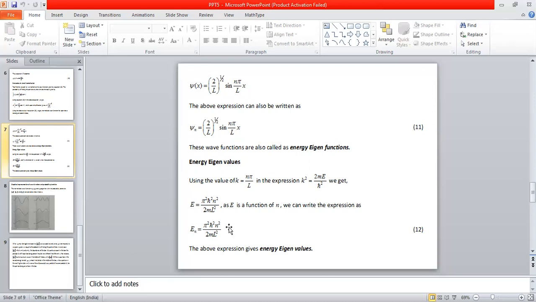And equation 12, En is equal to pi square h cross square n square divided by 2mL square, is nothing but the possible energy values of the particle inside the box. This expression is what we call the energy eigenvalue expression. So we are able to derive expressions for the energy eigenfunction and energy eigenvalues of the particle in a one-dimensional box. These are the two things we wanted to derive, and we have successfully derived them.